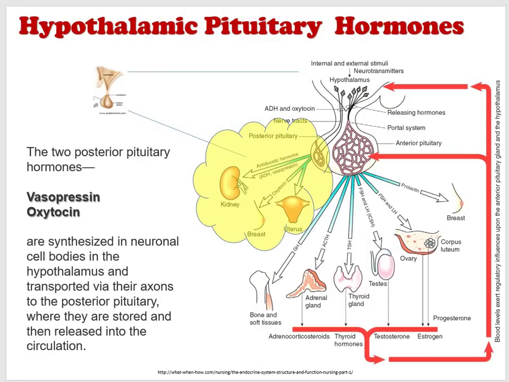First we discussed the hormones released from the posterior pituitary. Remember there were two hormones released from this gland, vasopressin and oxytocin. And as I told you, these are synthesized in the hypothalamus, stored here, and then released from the posterior pituitary.